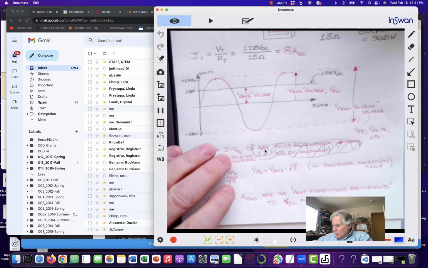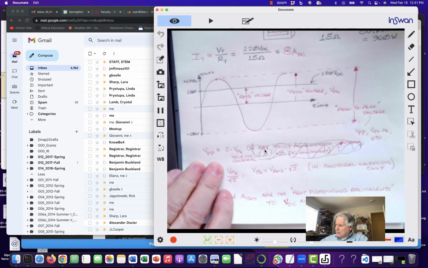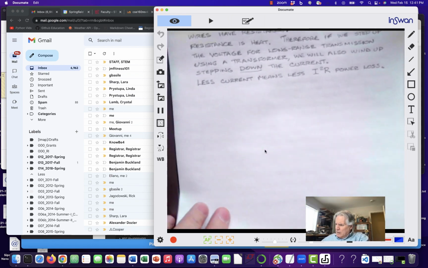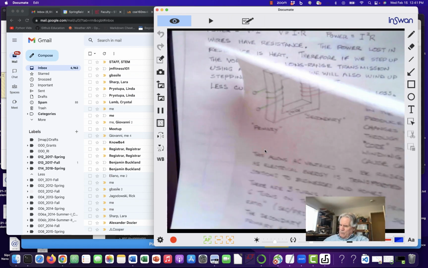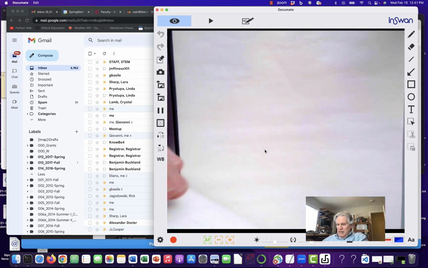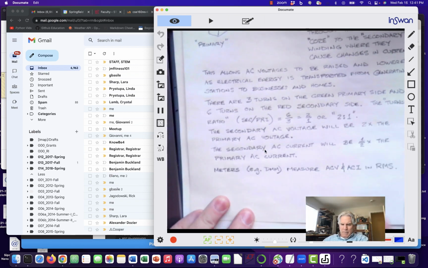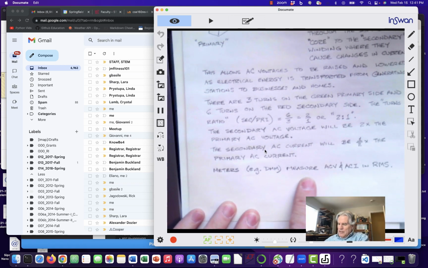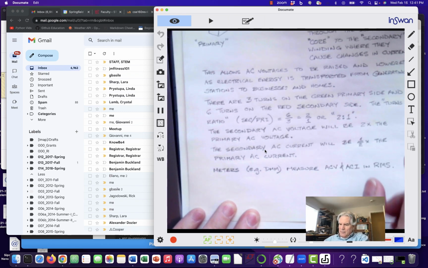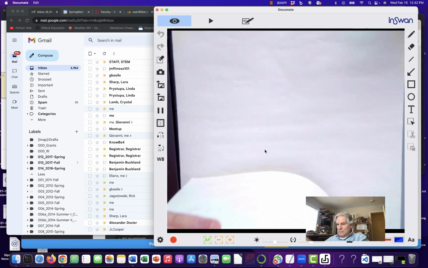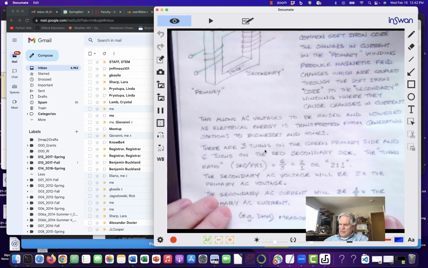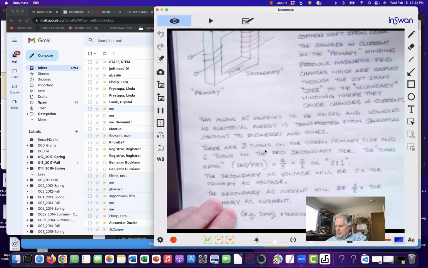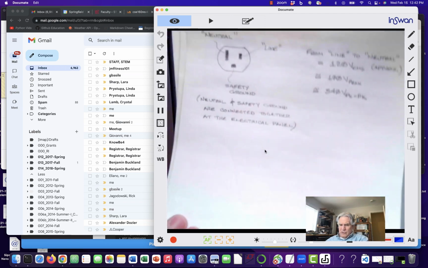And if I went back to this statement right here, meters, for instance, digital multimeters or even old analog meters, measure AC volts and AC amps in RMS. So we may see that in our labs. I can't remember if we do or don't.